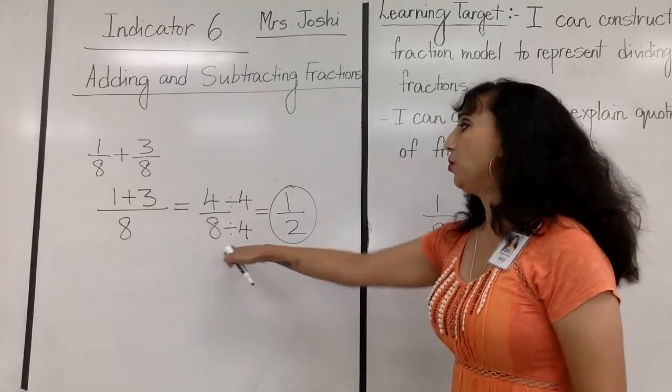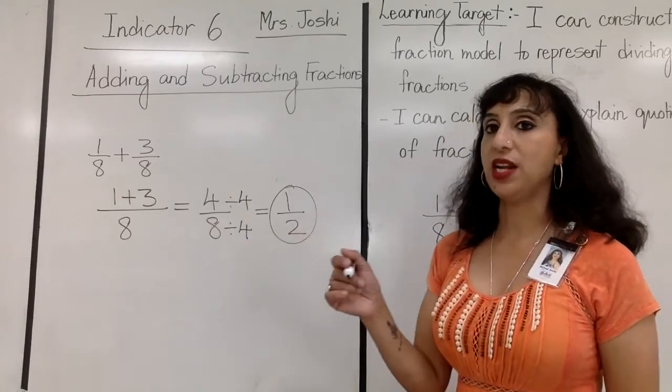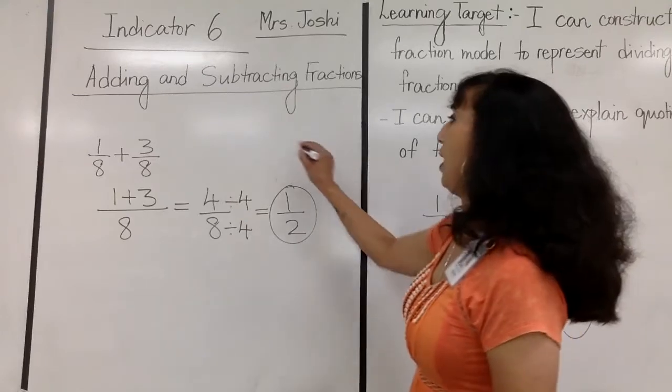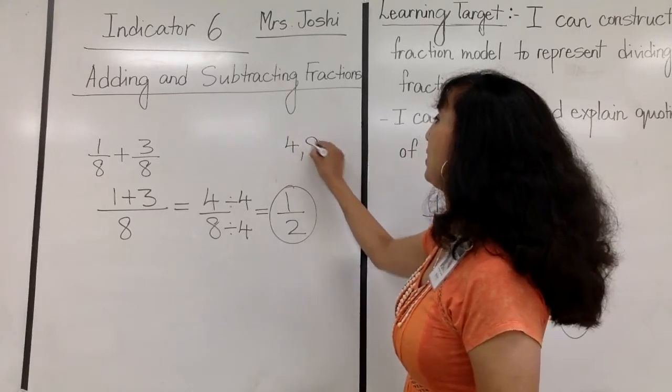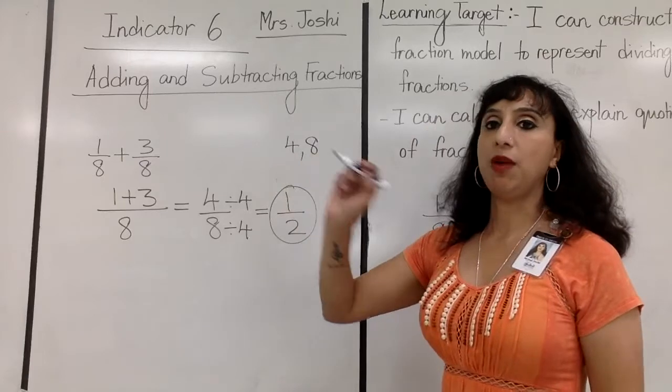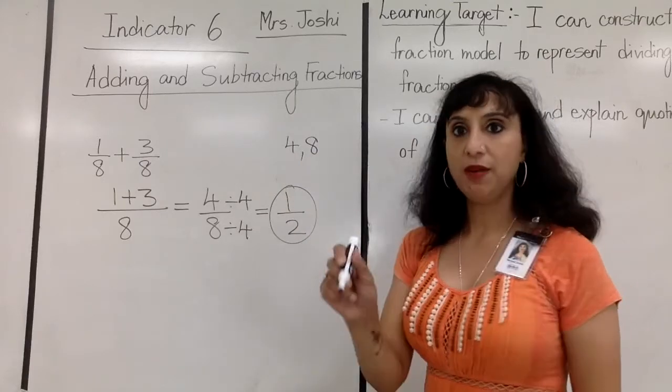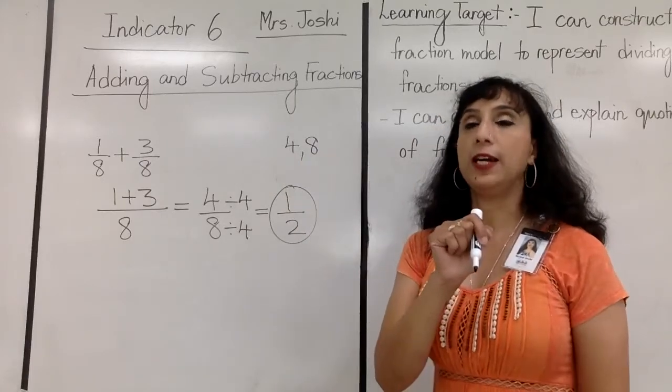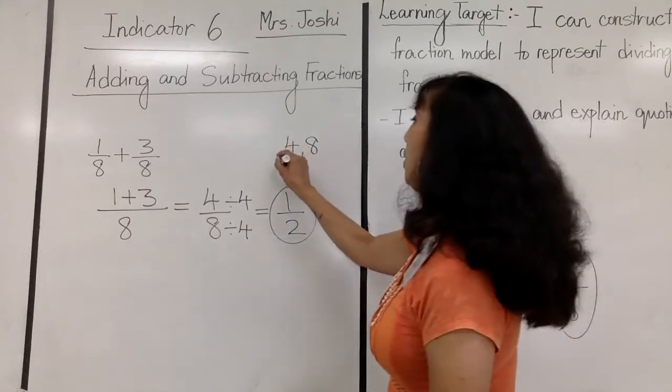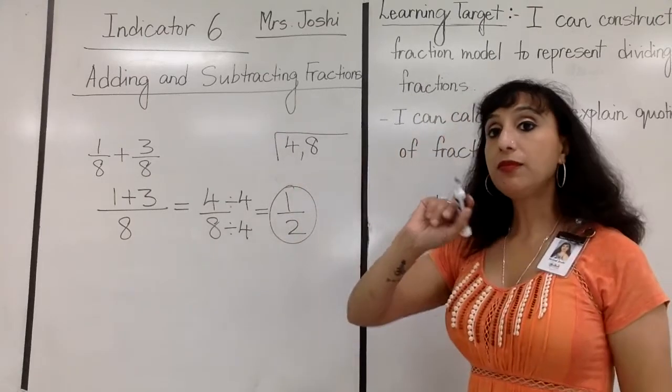Okay? Another way to simplify fractions, and I just want to show you that, if I had taken 4 and I had taken 8, and if you remember the greatest common factor that we have done in indicator 2, so here we go.